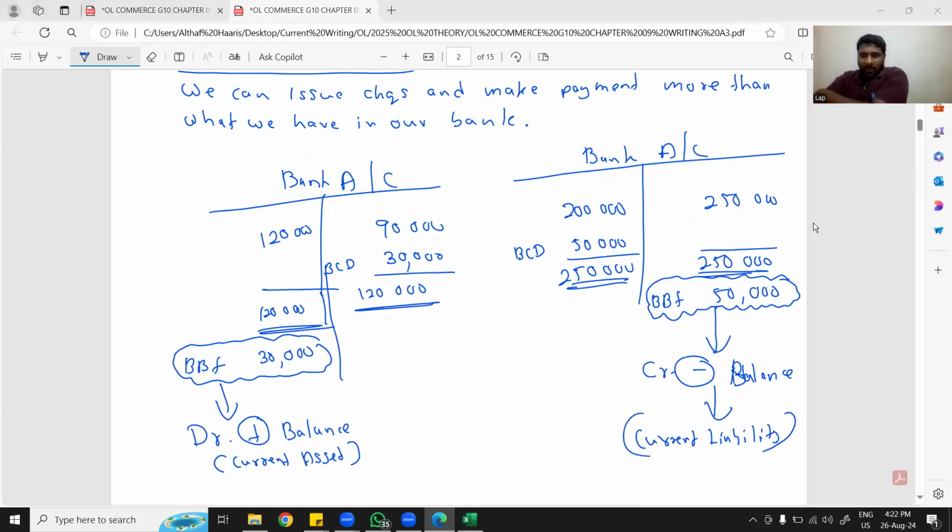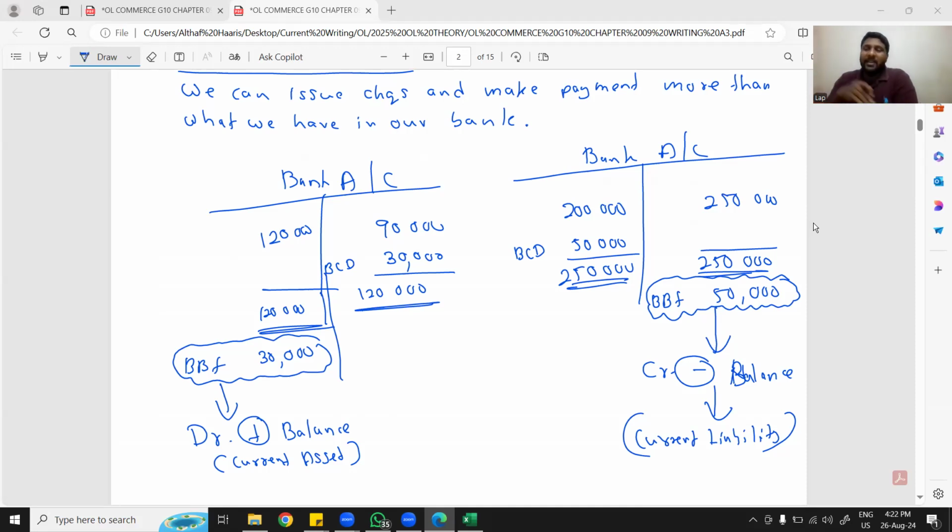If it is in the capital account, it becomes capital. Capital is a part of equity. Liabilities are credit accounts. Here a debit account has gone to the credit side. One debit account balance, which is the bank. Bank is an asset, the money in the bank is an asset. The bank asset has become negative.